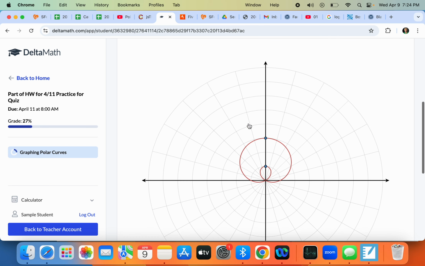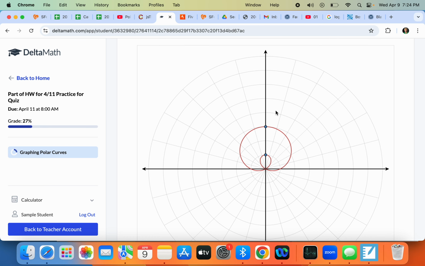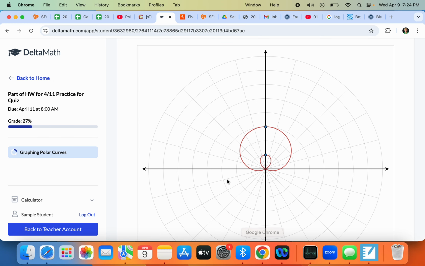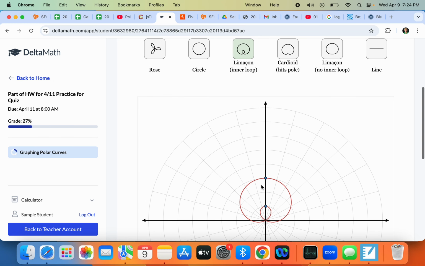So when I turn pi over 2 this way, and I'm facing this way, it'll tell me whether to go toward it or away from it. So here, I'm faced toward pi over 2, and when I fill that in, I get 7.